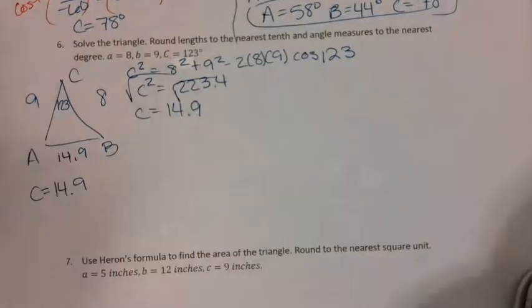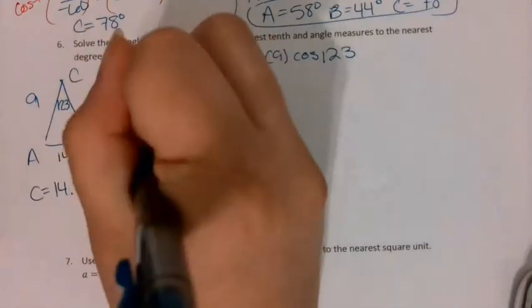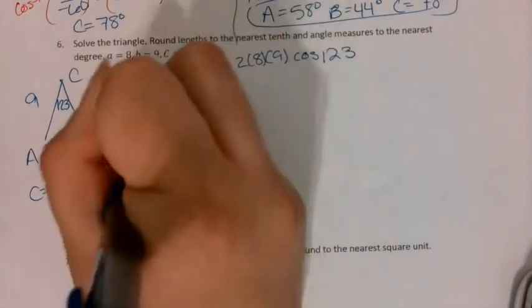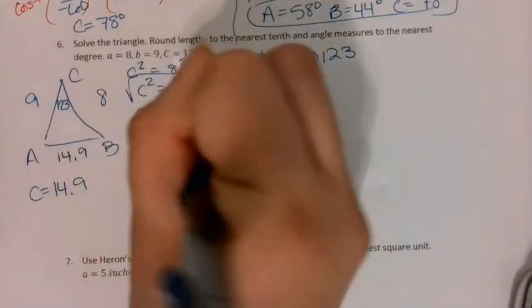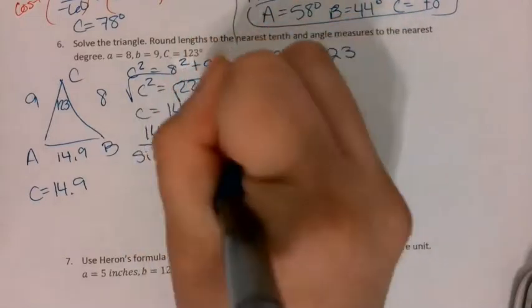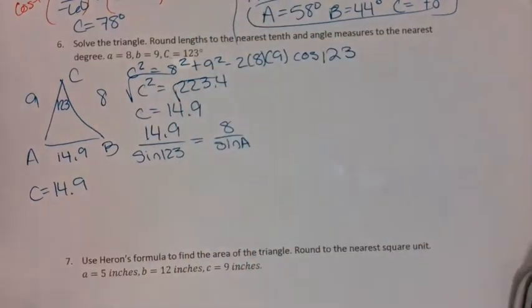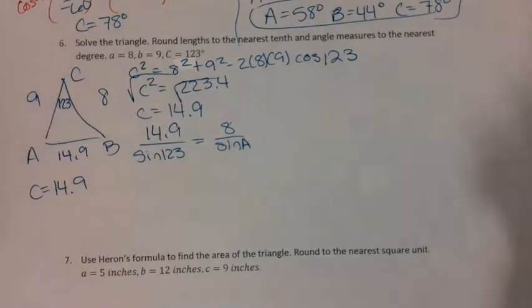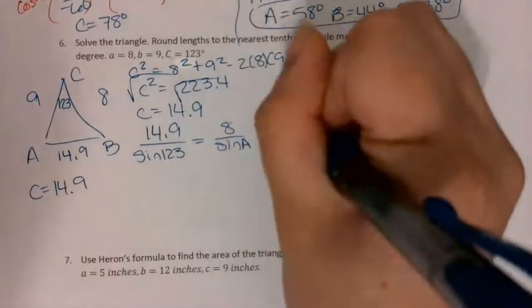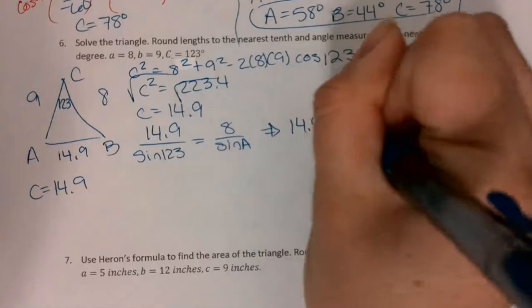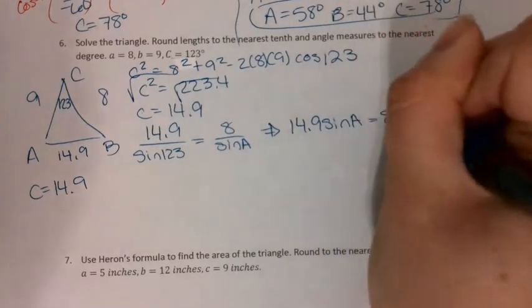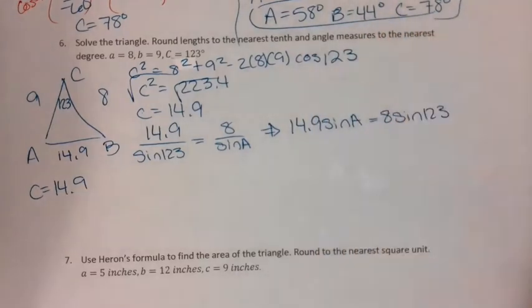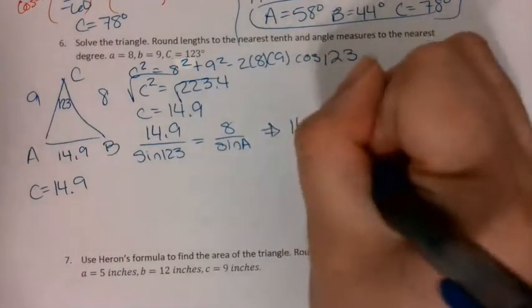Okay, now that I have my side length for C, I can go ahead and use law of sines to solve for A or B. So I have 14.9 over sine of 123 equals 8 over sine of A. I want to cross multiply to get rid of the fraction. Then I want to divide by 14.9 on both sides.